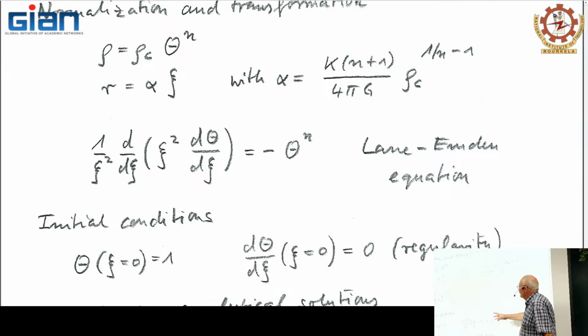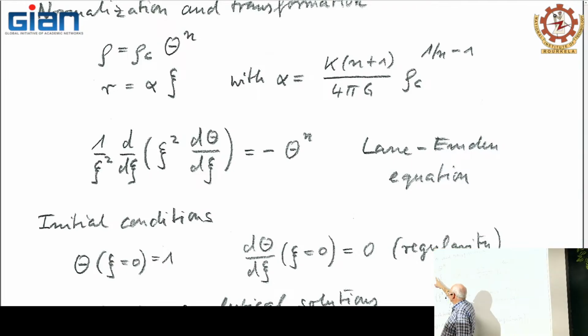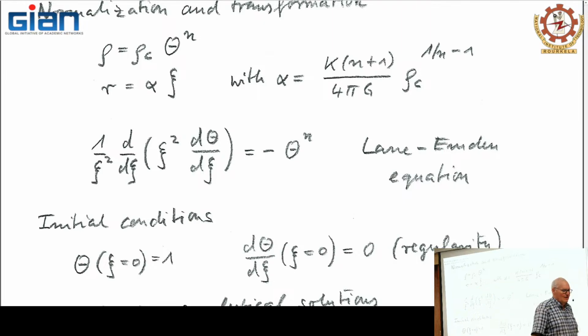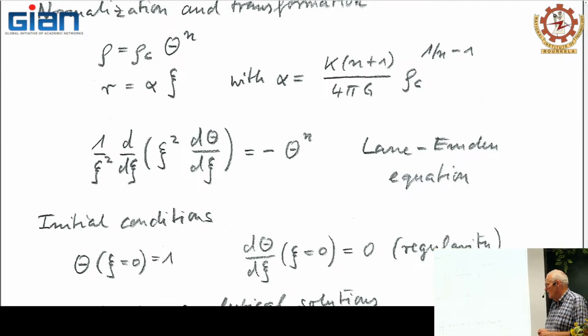We have normalized the density by the central value, so the initial condition for integration would be that theta is equal to 1 at the very center of the stellar model.